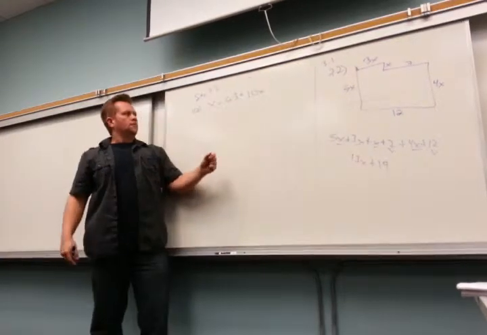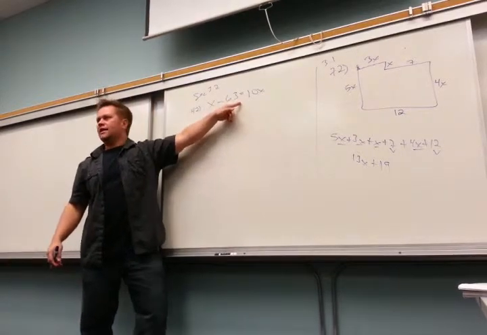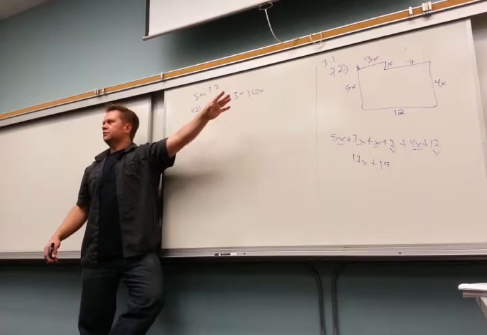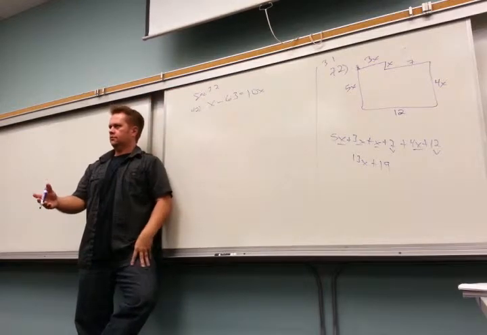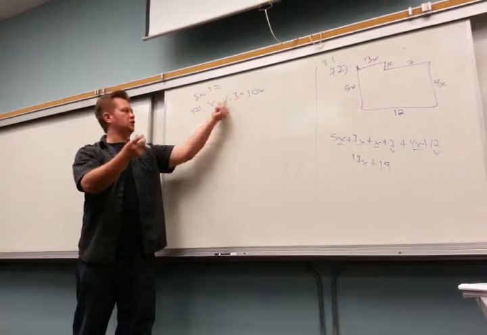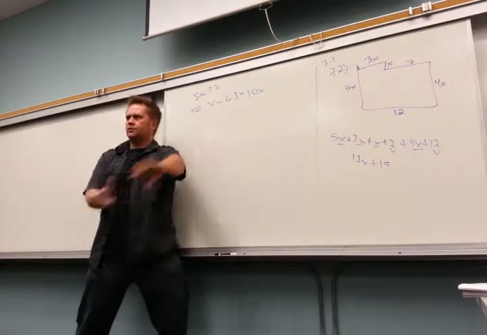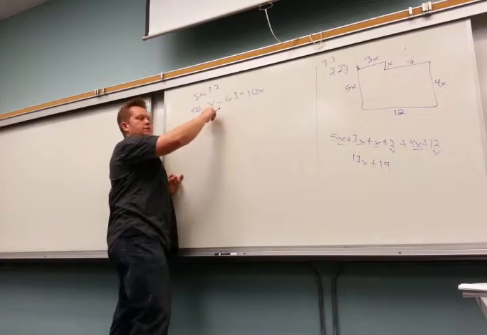Cool. Doesn't the one I just erased look a lot like this one here? Because it's got x's on both sides. So who's in the wrong place? The x. Because the numbers are all together, so I shouldn't have any x's with them. All my numbers are together. I got to get my x's on the other side. He's in the wrong place. How do I kill him?